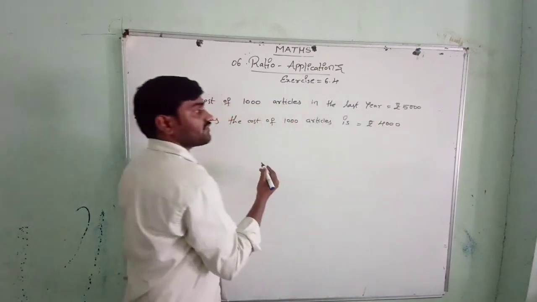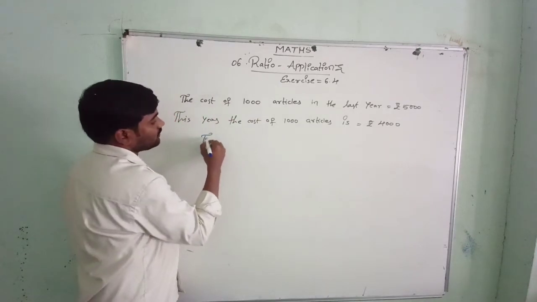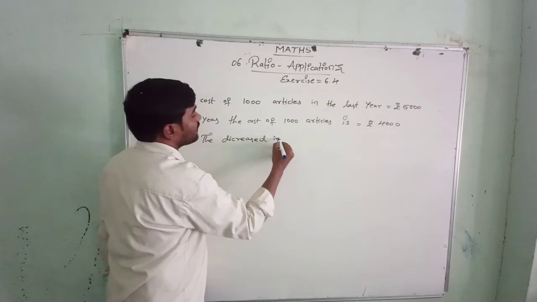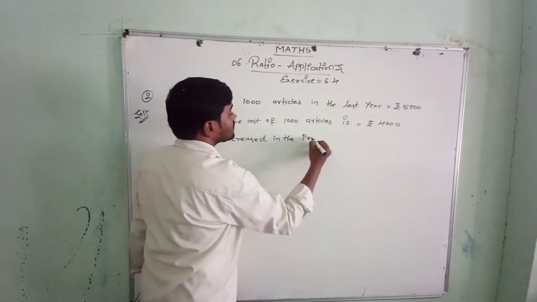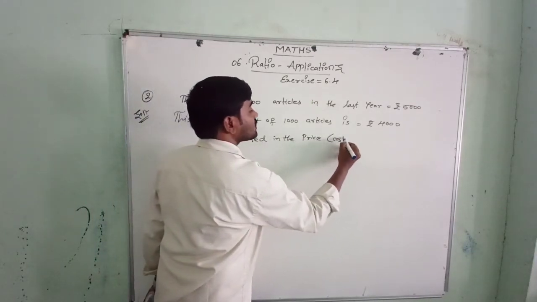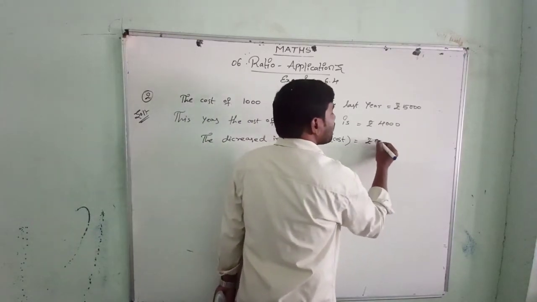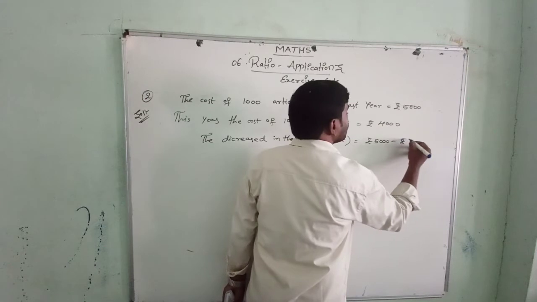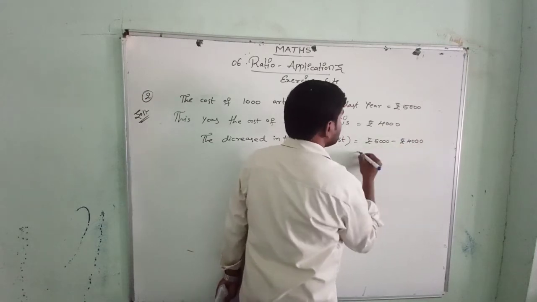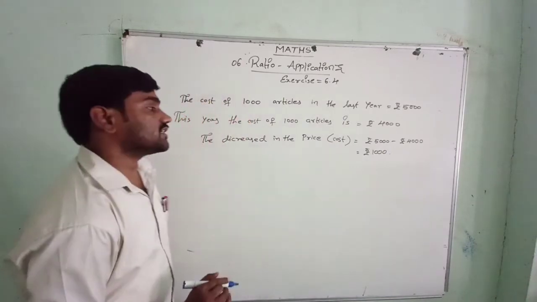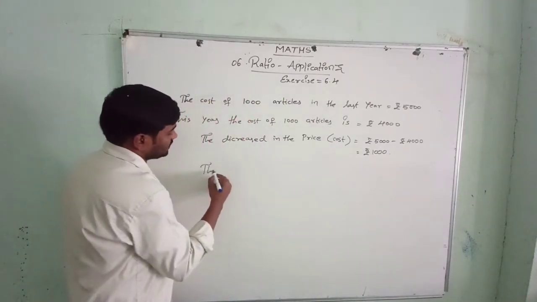The decrease in the price or cost equals rupees 5000 minus rupees 4000. How much price is decreased? Rupees 1000 is decreased.